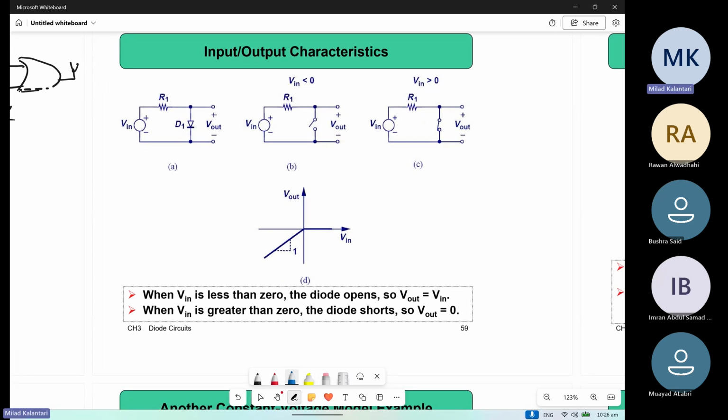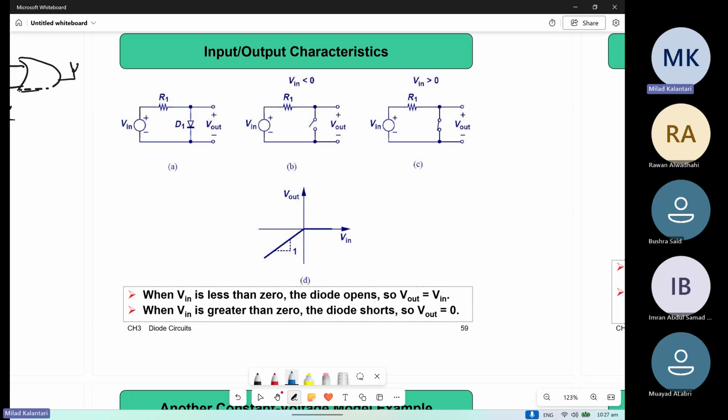So we have a couple of circuits with the diodes and the resistors to basically change the input-output characteristic. And this kind of circuit will be used to shape the output voltage once you apply some input voltage, right?